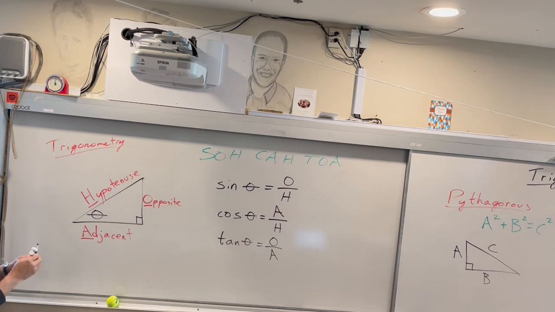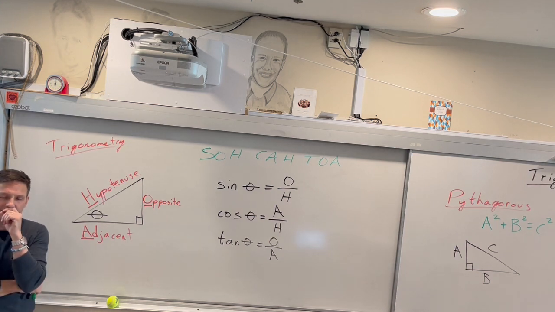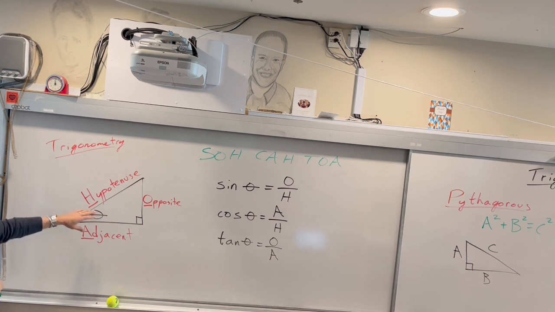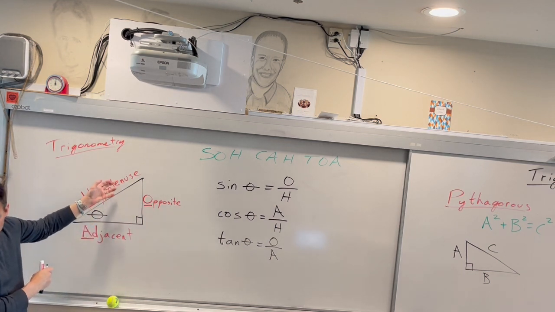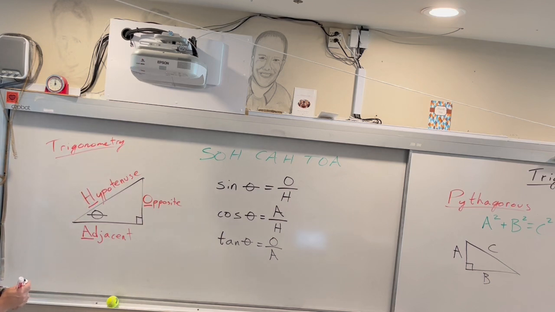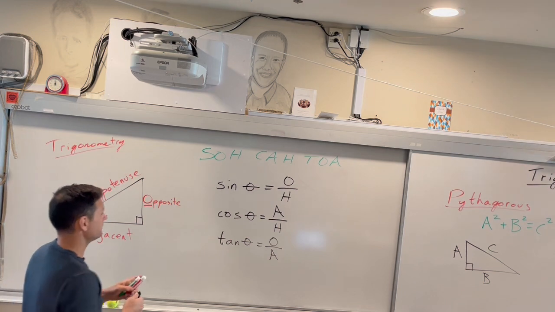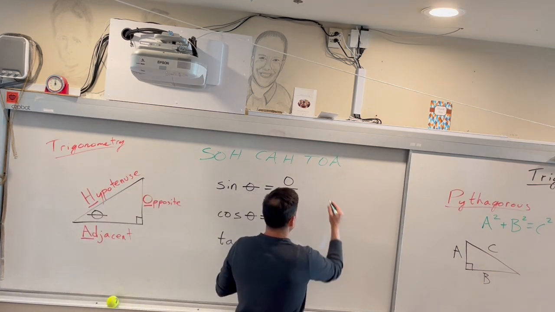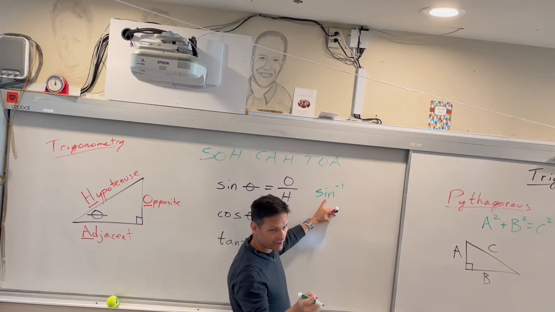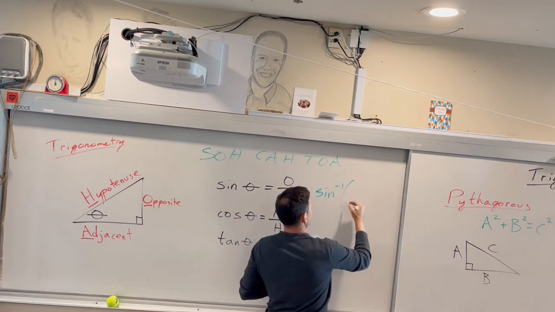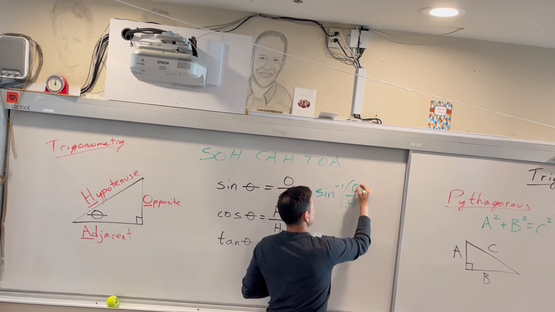Okay, now that should tell you, if you know the angle, and you'll have to know one of the sides, you should be able to find the other side. What if I give you both the sides and you have to find the angle? What do you do then? Good, good. Okay, so if you do the inverse of sine, and on your calculator this will be like second function sine, then you just put the sides in here.